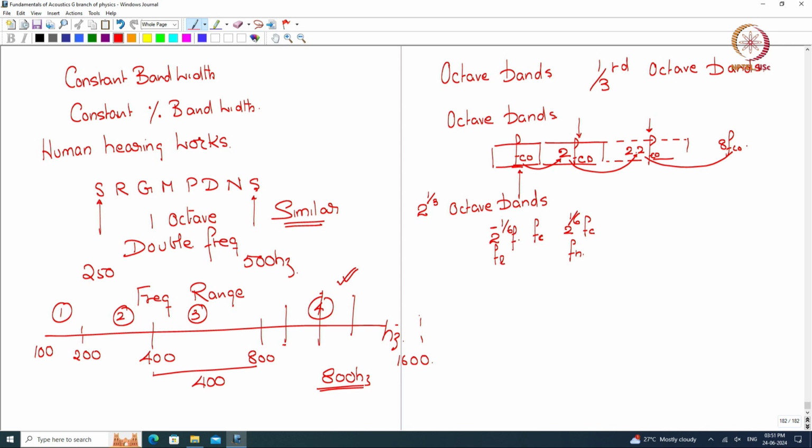So that the ratio of Fh by Fl is 2 to the power 1/3. Here it was 2, here it was 2, here it is 2 to the power 1/3. Now these third octave bands have been standardized.